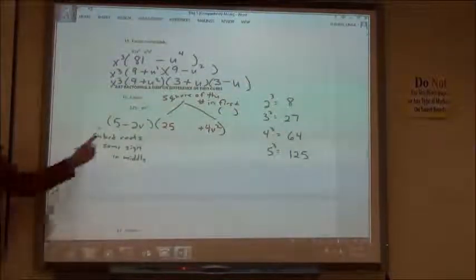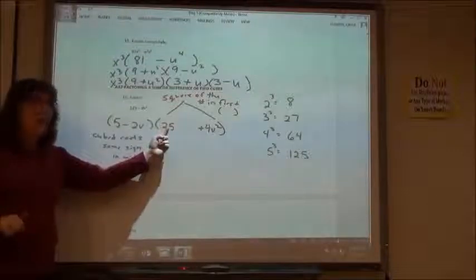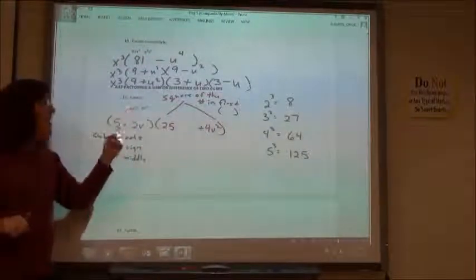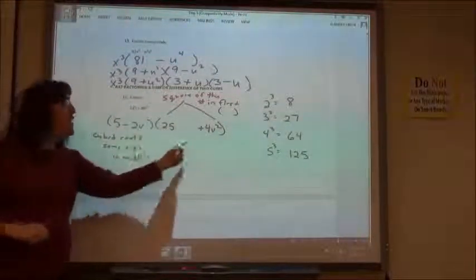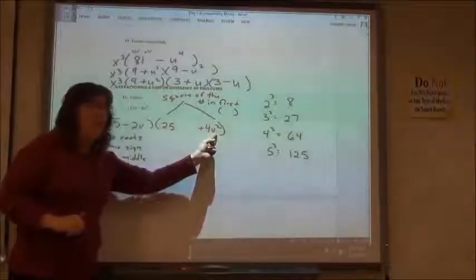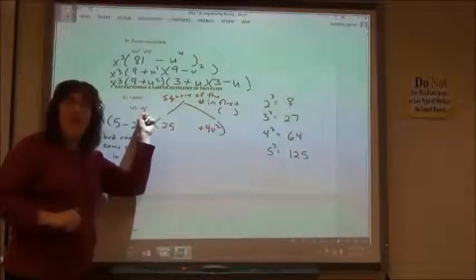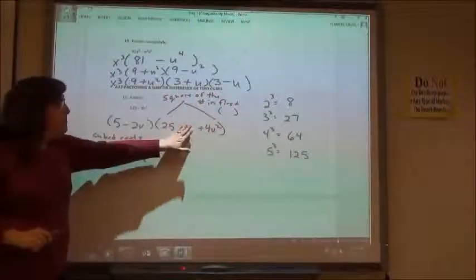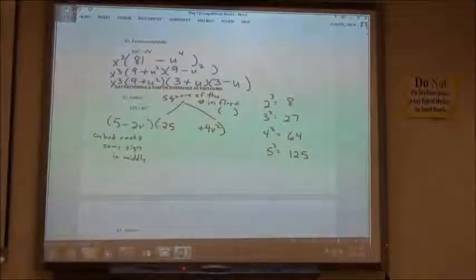So that, if I took the 5 times the 25, I would get 125. If I take a negative 2v times a positive 4v squared, I get negative 8v cubed. This middle thing is what cancels out all the stuff when you do that big long foiling.